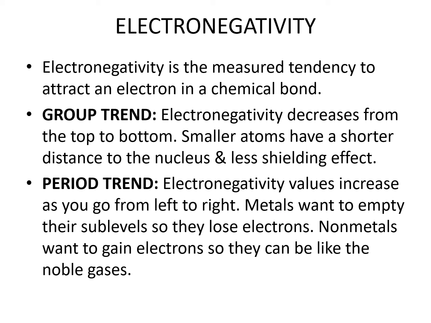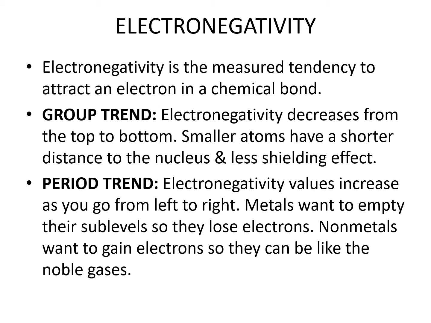So next is electronegativity. Electronegativity is the measured tendency to attract an electron in a chemical bond. Group-wise, electronegativity decreases from top to bottom. This is because smaller atoms have a shorter distance to the nucleus and thus they have less shielding effect.